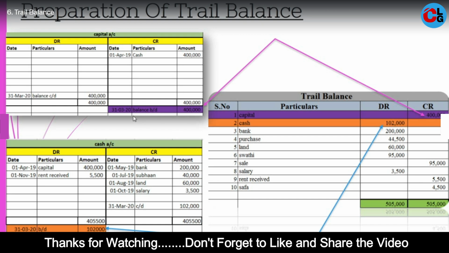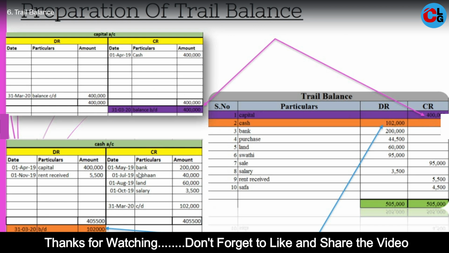This balance brought down goes to the trial balance. This is the credit side. So you can see the balance brought down is going to the trial balance. This is the credit side, so we have to put it on the credit side. We need to type the account name here, capital, and the brought down side is a credit, so we have to enter the amount 400,000 credit.